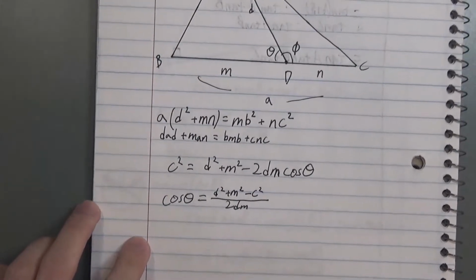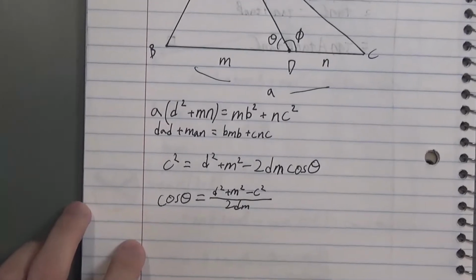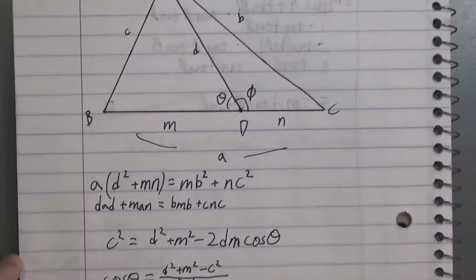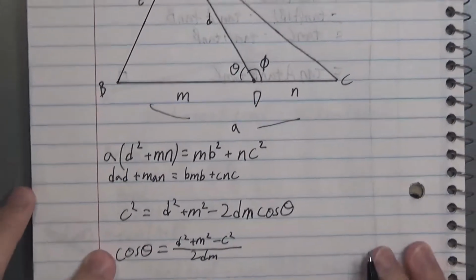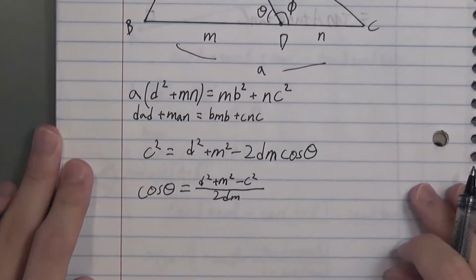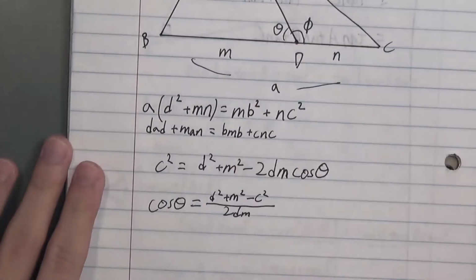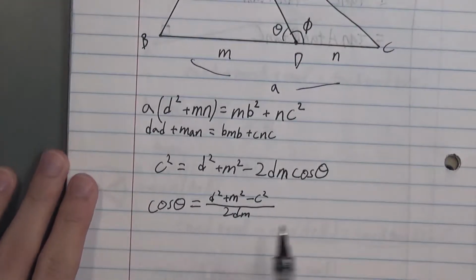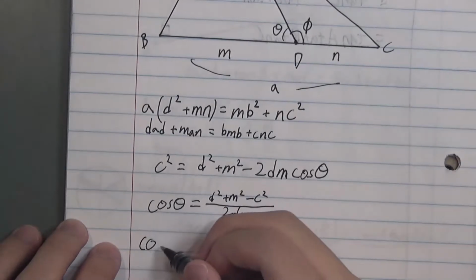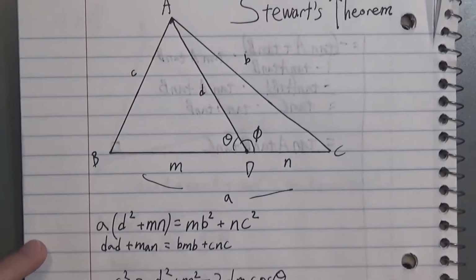Now, we can do that with the other angle too. Hang on, let me just zoom in a little bit more. Now, there we go. So, now let's do that with little phi over here. Sorry if you can't see it. Let's just use the law of cosines. So cosine of phi equals, now what?